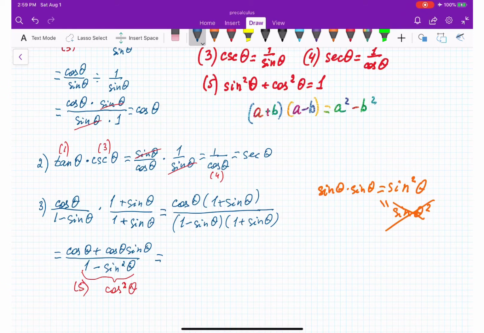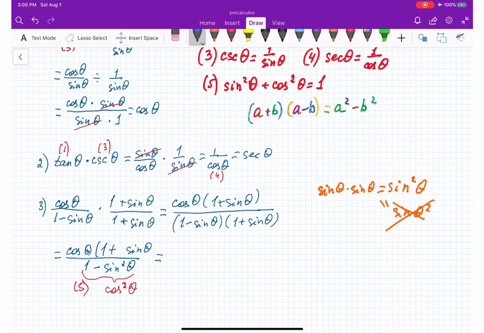Well, since I have cosine squared here, I guess I didn't need to take it out on the top because I can cancel it. All right, let me fix it. I don't need to take this out on the top. I'll just leave it the way it is, because I'm going to cancel this cosine.